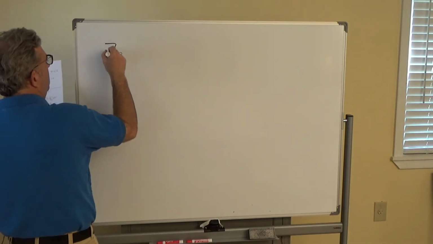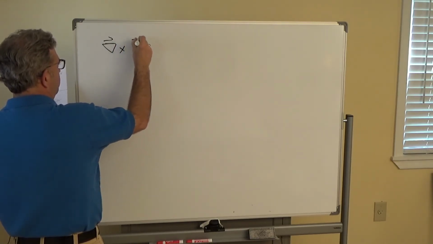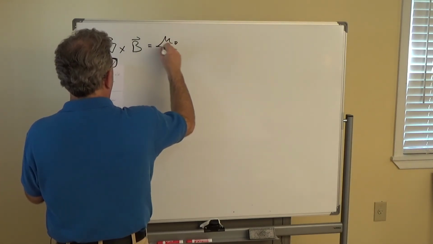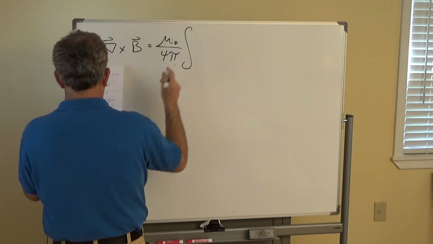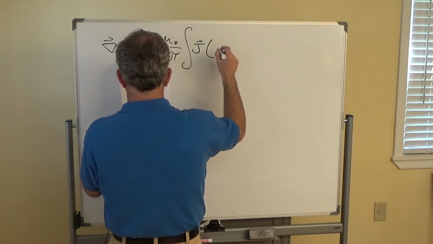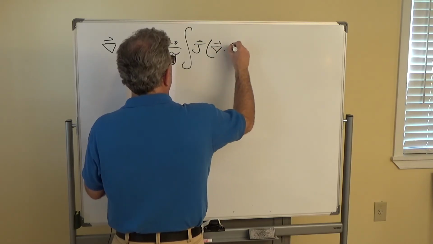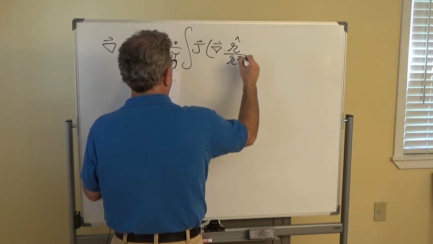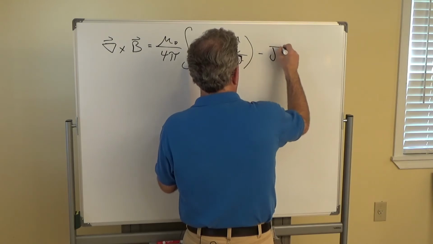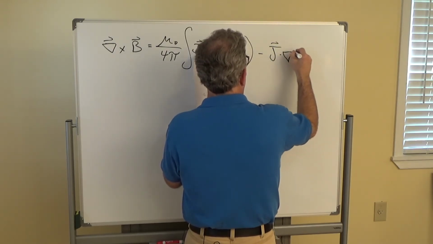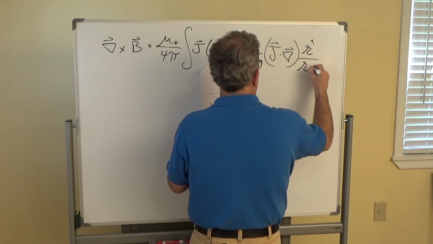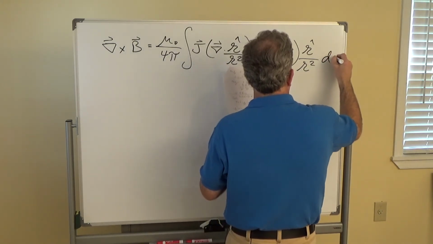So we get del cross B, that's what we're after, is equal to mu naught over 4 pi times the integral of J del dot script r hat over script r squared, minus J dot del script r hat over script r squared d tau prime.